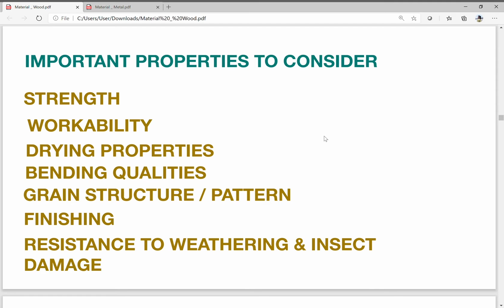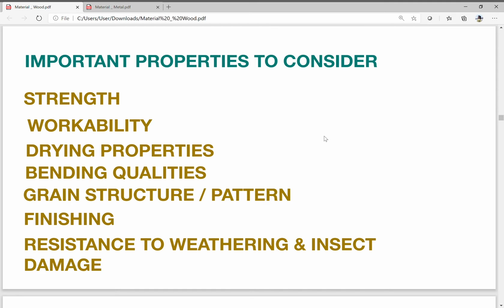If it's for interior finishes, it shouldn't be a problem with regards to strength since it won't hold much structure or much load. Then workability: whether you want a hardwood or a softer wood, with regards to what use you have to consider again.